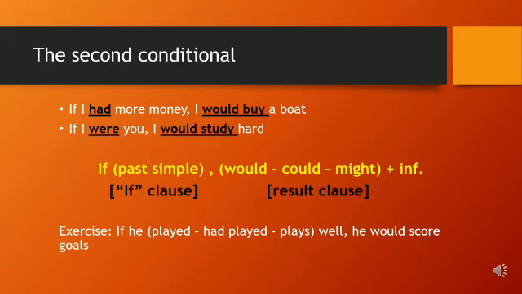We have to use the past simple in the if clause, which is played. So the answer is if he played well, he would score goals. It means that he doesn't play well, so he doesn't score goals. We are talking about an unreal situation.